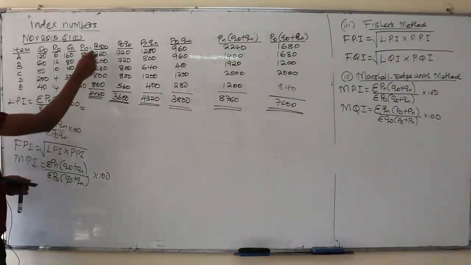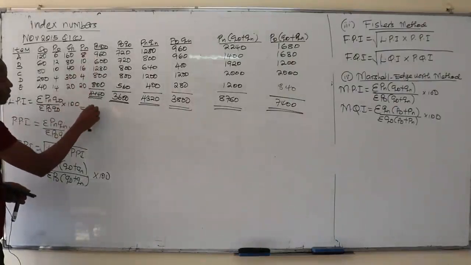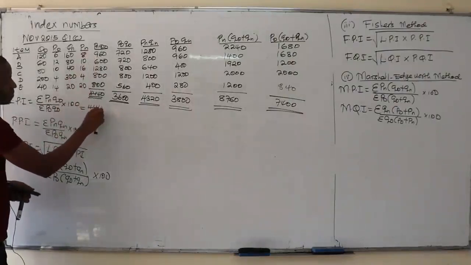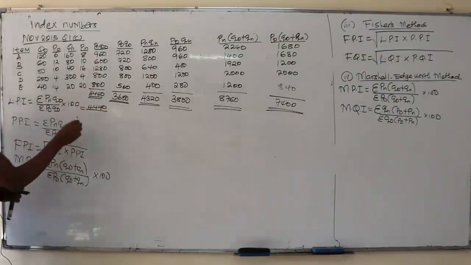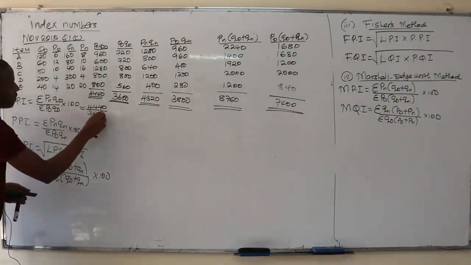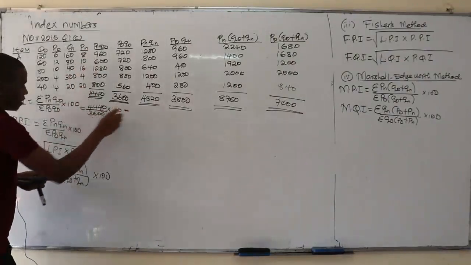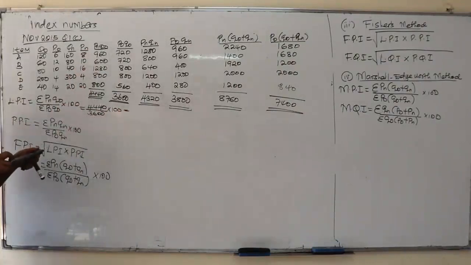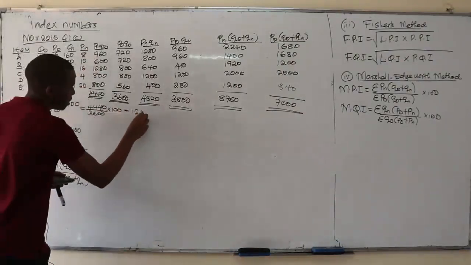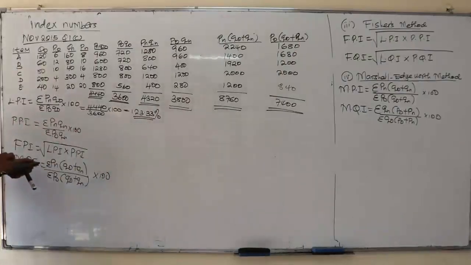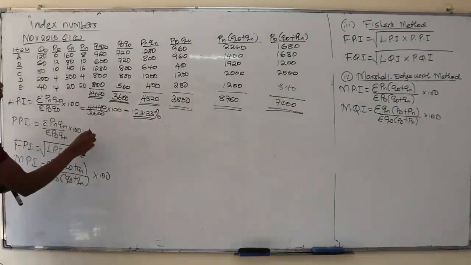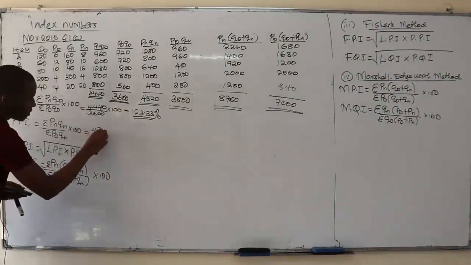The first one, the summation of PnQ0 is 4440. You divide by the summation of P0Q0, which is 3600, times 100. In that case 4440 divided by 3600, then you multiply by 100, which is 123.33%. So the other one is PnQn, which is 4320.